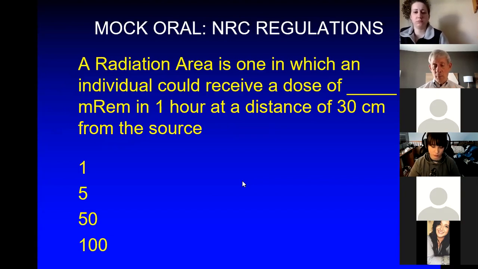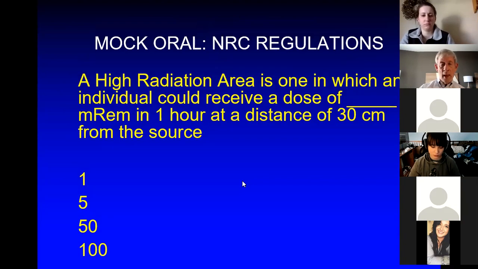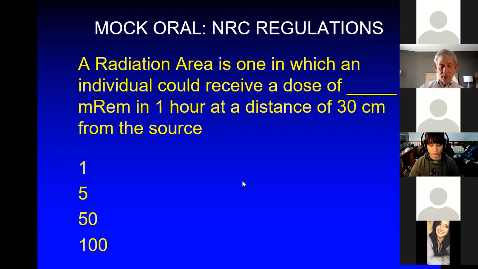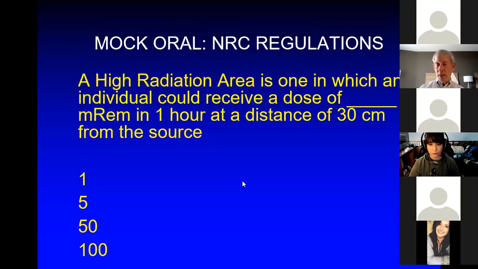So X is going to be for a radiation area and Y is going to be for a high radiation area. And obviously there are different numbers. Let's go back. Anybody know what X is for a radiation area? 5. It is 5, good. And how about a high radiation area?